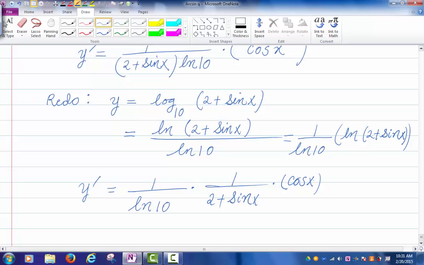But for me, you have to remember this conversion formula, that log base a can be written in terms of ln. This is very, very important to know. So if I remember that, why do I need to bother remembering the derivative also? I can just use that to find my derivative. That doesn't mean you don't. I'm not saying that it's bad to remember that. I'm just saying that you don't have to remember that. But you have to know this conversion one. You have to know the conversion one. Okay?